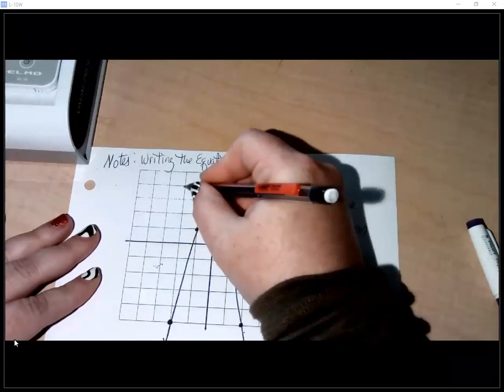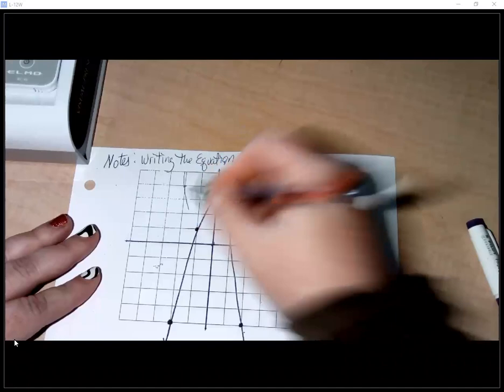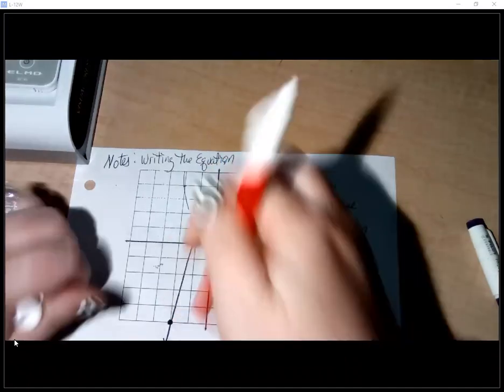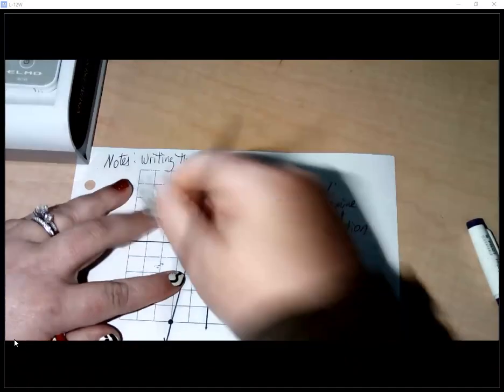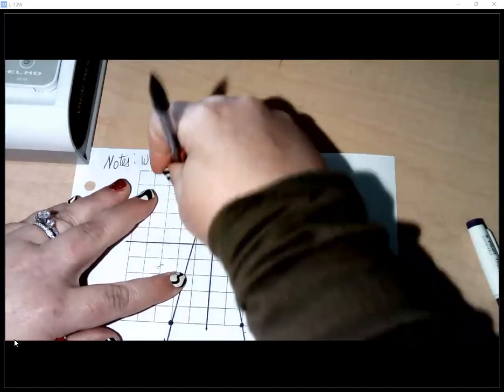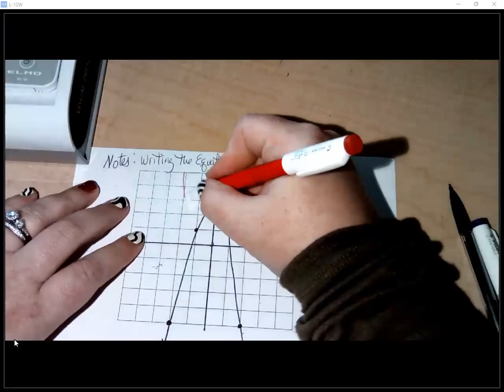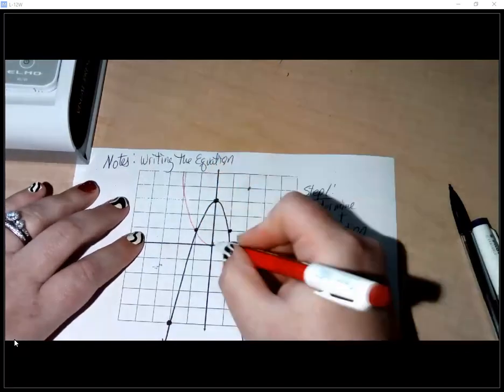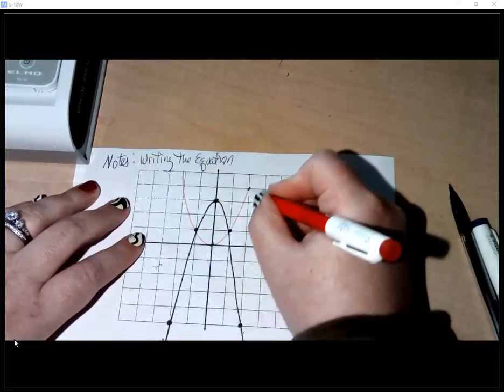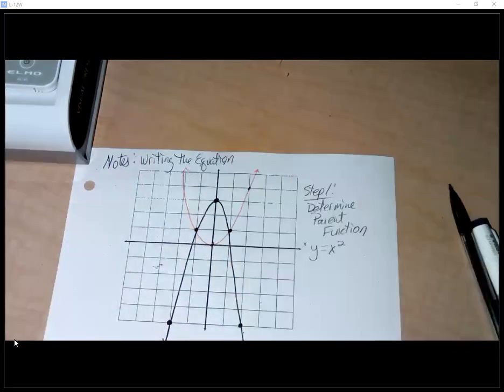Actually, I'm going to do it in a different color. I'll do it in red. Again, you don't have to do this part, but I find it helpful sometimes to see exactly what did I do. Okay, so there's the parent. So one thing that you see right away is that I've done what?